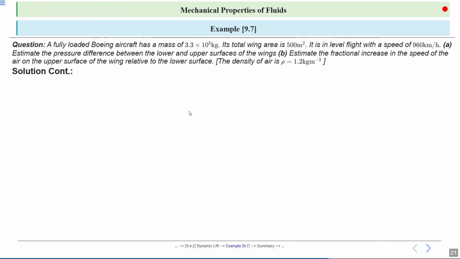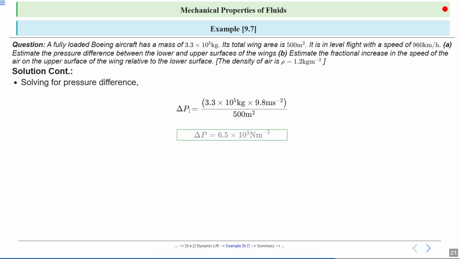Now, solving for the pressure difference. Remember, the pressure difference between the upper and lower surfaces of the wing is what generates lift to keep the plane in the air. So ΔP = 3.3 × 10^5 kg × 9.8 m/s² divided by 500 m².